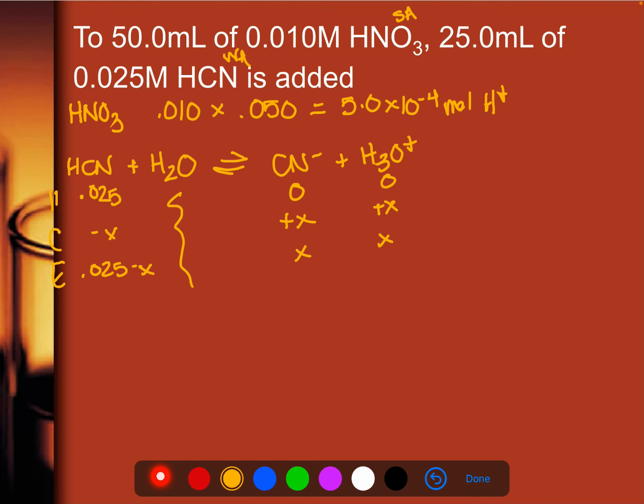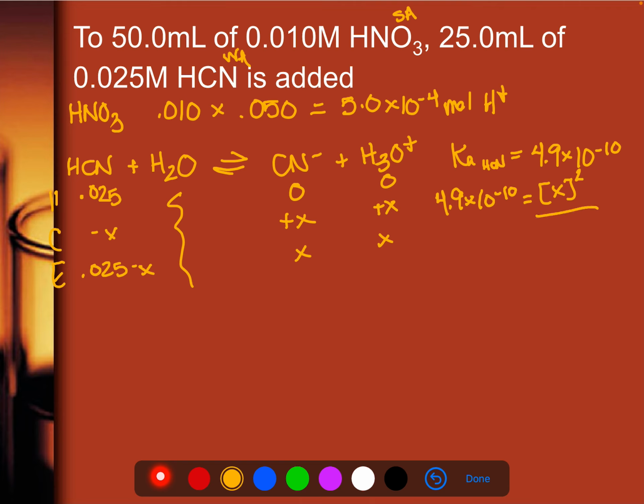So if we plug this into K, and like we said, you're typically going to be given Ka or Kb values when needed. Ka for hydrocyanic acid is 4.9 times 10 to the negative 10th. So whenever we're setting up our Ka formula, we have 4.9 times 10 to the negative 10th equal to x squared on top because of x times x.